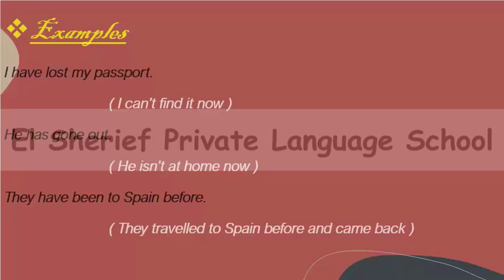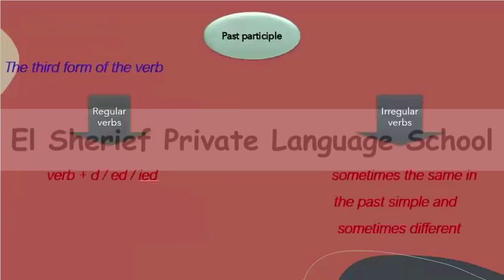Okay? Look at the verb here. Have been. We have the helping verb have and the main verb been. So what are the verbs gone and been? We will know now.